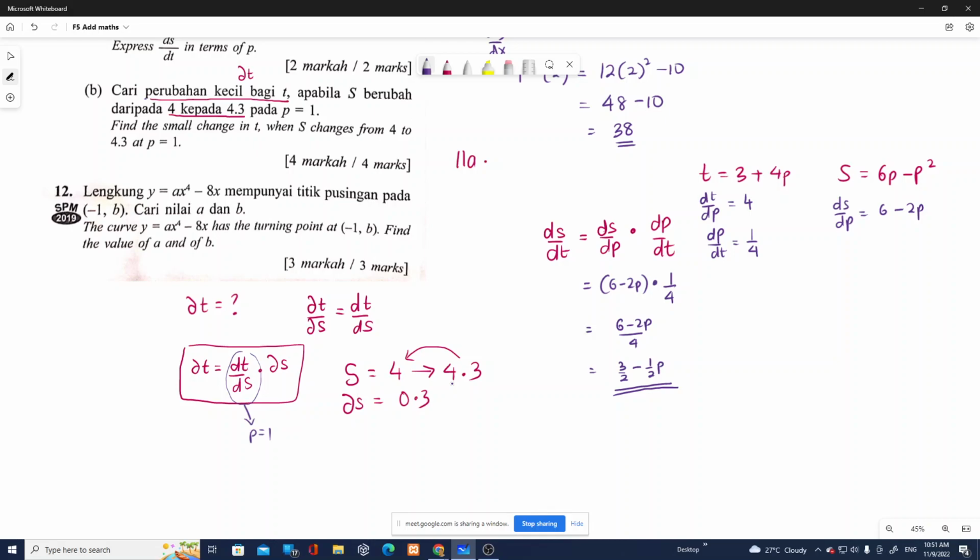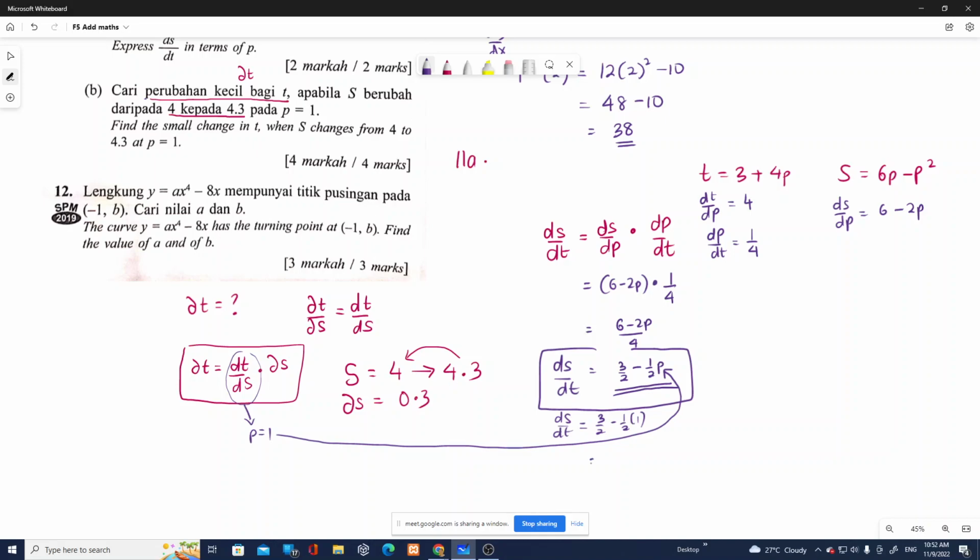Tetapi daripada bahagian 11A kita dapati ds per dt bersamaan dengan ini. Kita gantikan P 1 di dalam sini, kita dapati ds per dt bersamaan dengan 3 per 2 tolak 1 per 2 darab 1.